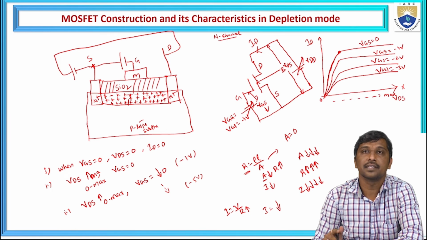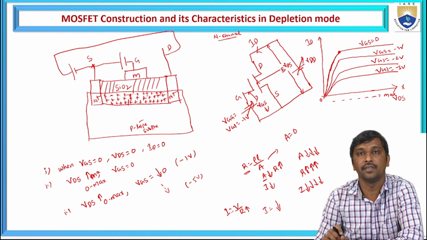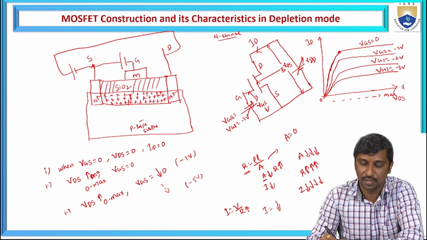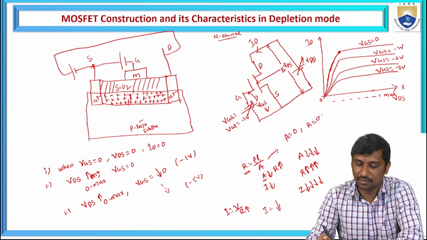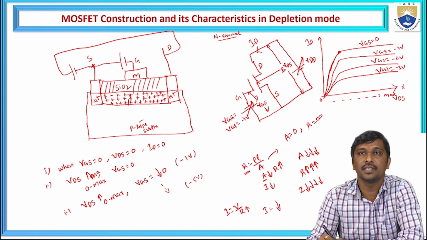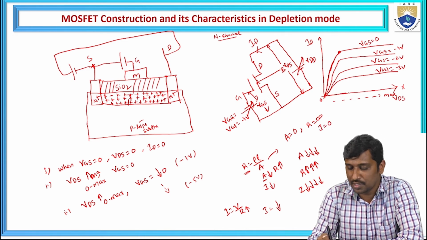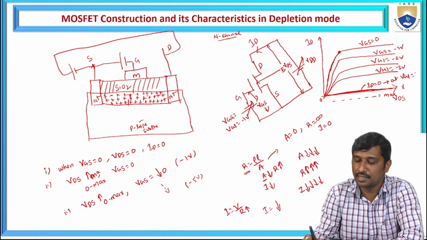The applied large reverse voltage between the gate and the source completely eliminates the channel area. Whenever the area disappears, R becomes infinite. If resistance becomes infinite, the current becomes 0. Hence, at very large reverse voltage, the drain current becomes 0. So ID is 0 at large reverse VGS.